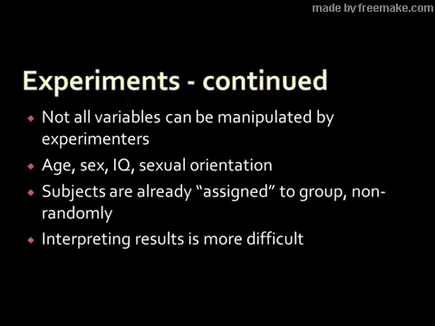So in this case, you can't randomly assign people to sex. You can't randomly assign people to be smarter or less smart. You can't randomly assign people to be gay or straight.